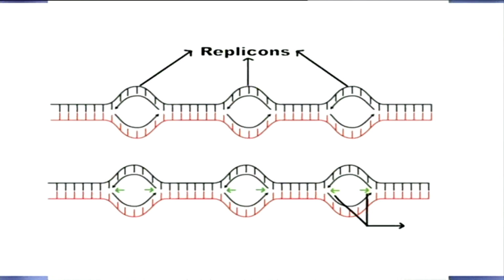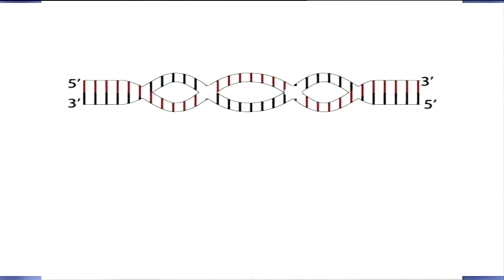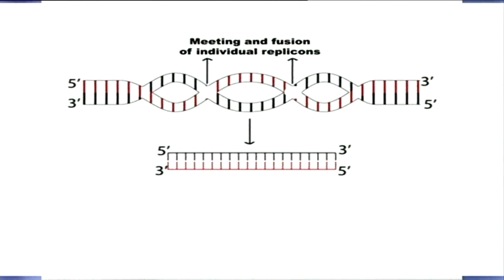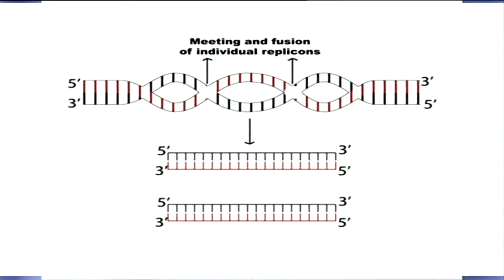Replicons grow with the advancement of replication forks in both directions. The individual replicons meet and fuse while the replication fork approaches the end of DNA. Lastly, the two daughter DNA molecules separate after the fusion of replicons.